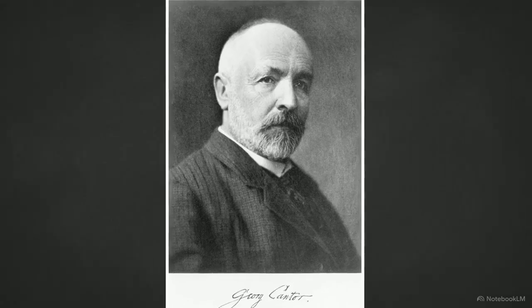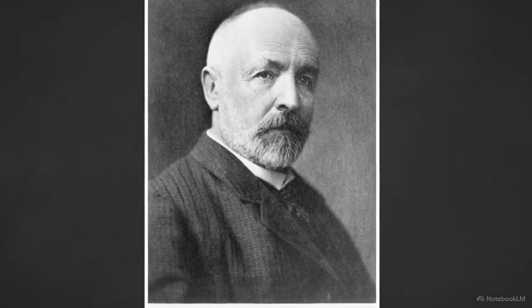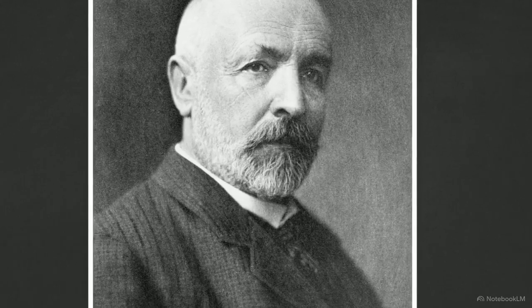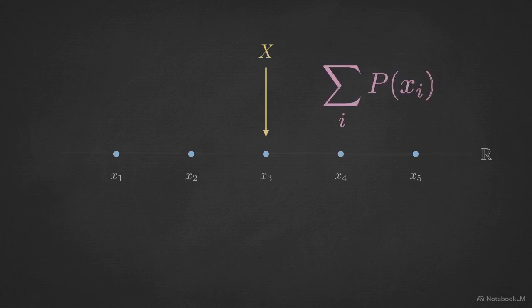To understand how, we look to George Cantor, the mathematician who provided the formal framework for distinguishing types of infinities and sets. Here we see Cantor's concept of countability applied. A discrete distribution occurs only when the random variable maps to an indexable set, equivalent to the positive integers. Because the mapped points are separated, the probability measure accumulates via simple mathematical summation.